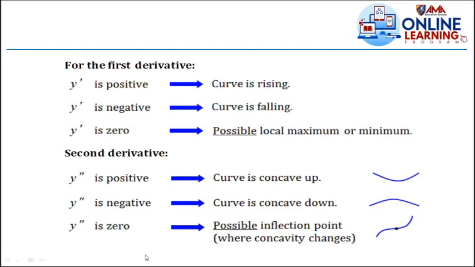If y double prime is 0, possible inflection point where concavity changes. So take note of the curve: this one only represents the y prime, the first derivative. For the second derivative, this is the graph that it will become.